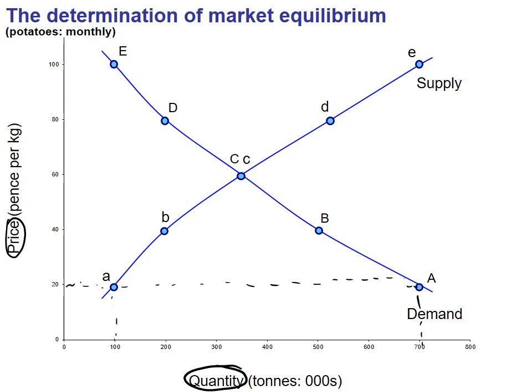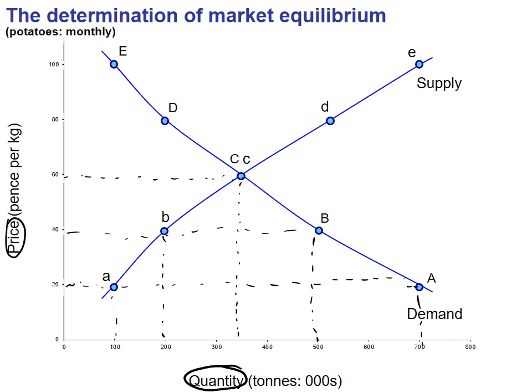If price rises to 40, suppliers will supply 200, demand has dropped now to about 500. Prices rise further to 60, now we're at equilibrium because here the market is in balance.